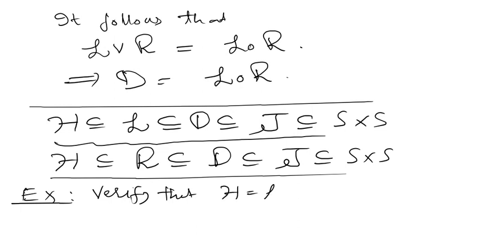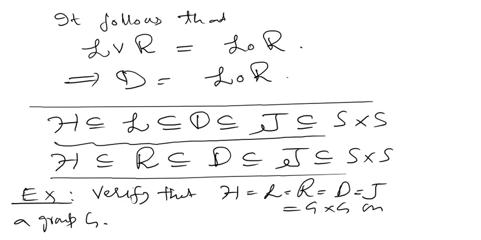H is equal to L is equal to R is equal to D is equal to J. They are equal to G cross G on a group G. You can easily verify this because we have inverses in G. And for a commutative semigroup, we have the following exercise that you can also easily verify. Because on a commutative semigroup, L is same as R, left compatible is same as right compatible there.